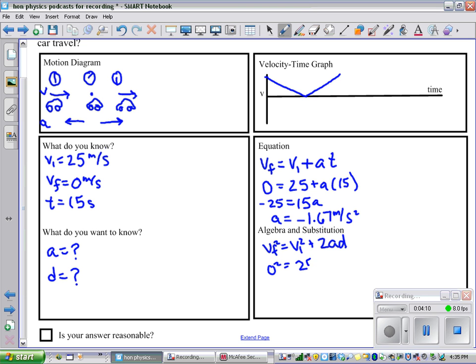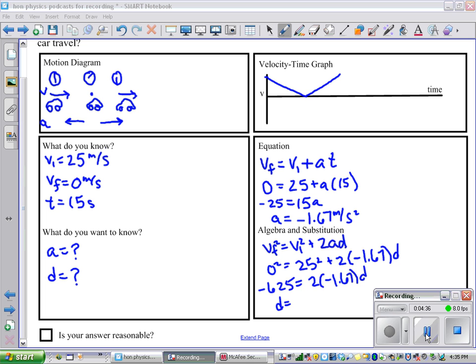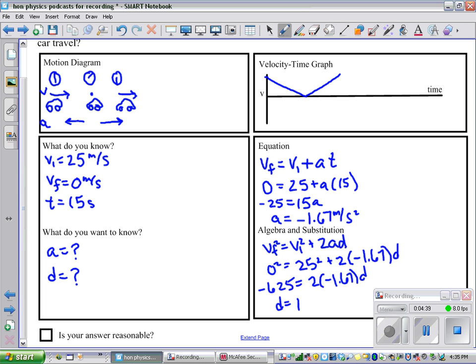VI is 25, plus 2 times negative 1.67 times D. 25 squared is 625, and if we subtract it from both sides, we get negative 625 equals 2 times negative 1.67 times D. And if we put that in the calculator and divide, we will get 187 meters. Now, that's for the first part of the problem.